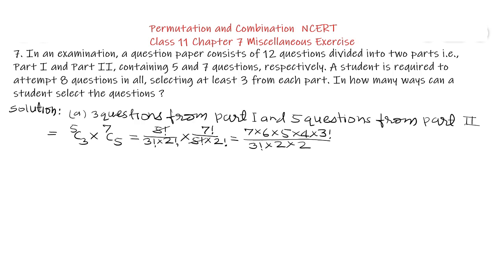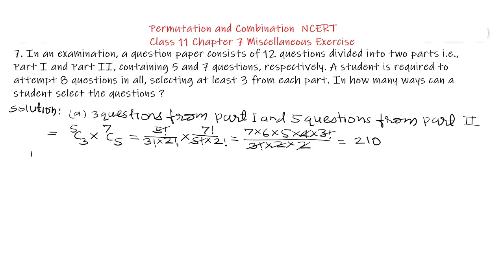So we cancel 3 factorial of denominator by 3 factorial of numerator, and we also cancel 2 multiplied by 2 of denominator by 4 of numerator. So we have 7 multiplied by 6 multiplied by 5, that is 6 times 5 is 30 times 7 is 210.